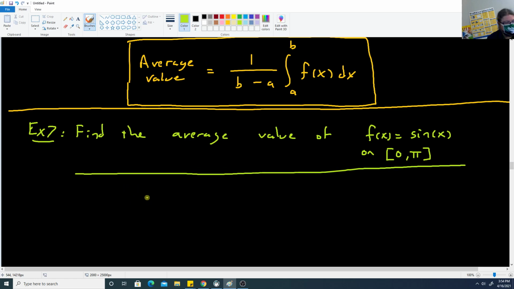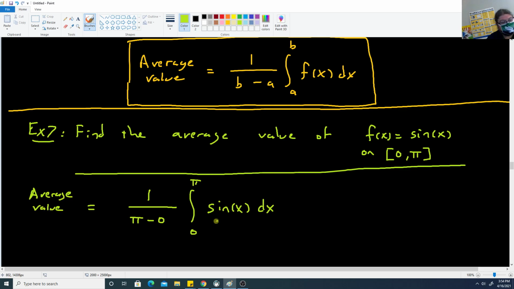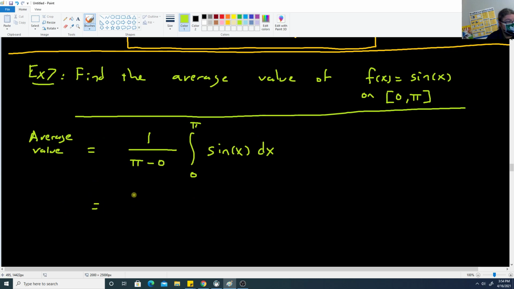We say this will be 1 over pi minus 0. That'll be the length of the interval. We integrate from 0 up to pi. The integral we're trying to calculate is sine of x dx. And this right here will tell me the average value. So this will equal 1 over pi, integral from 0 up to pi of sine of x dx.